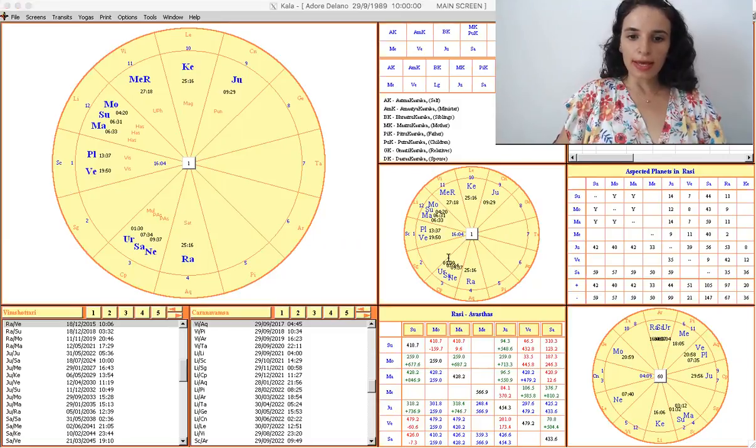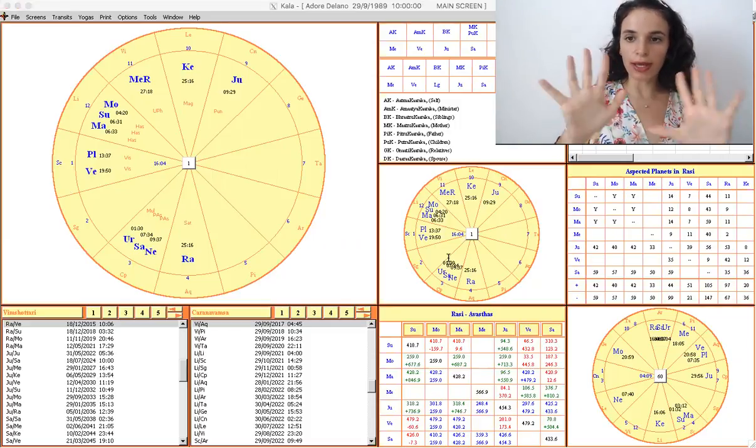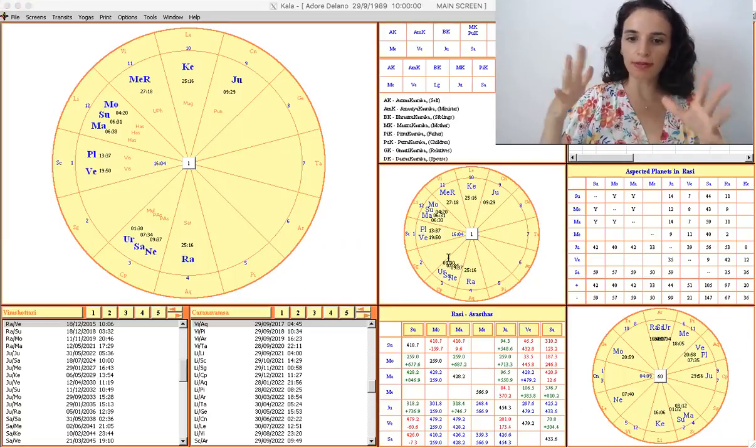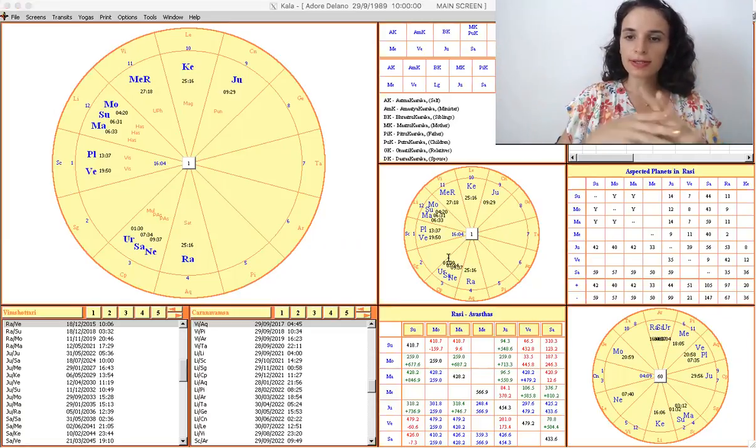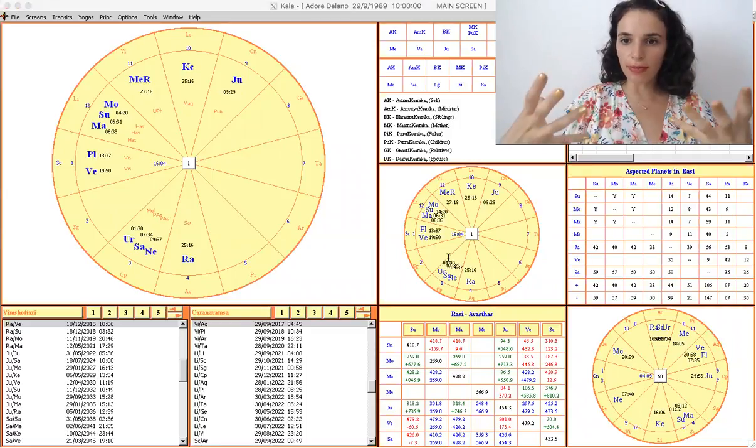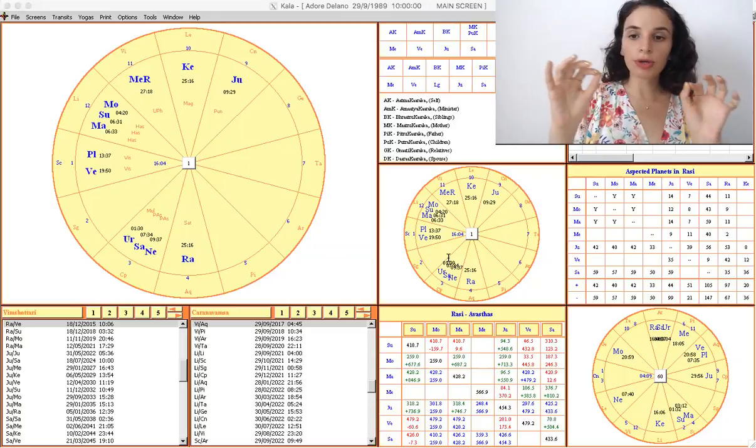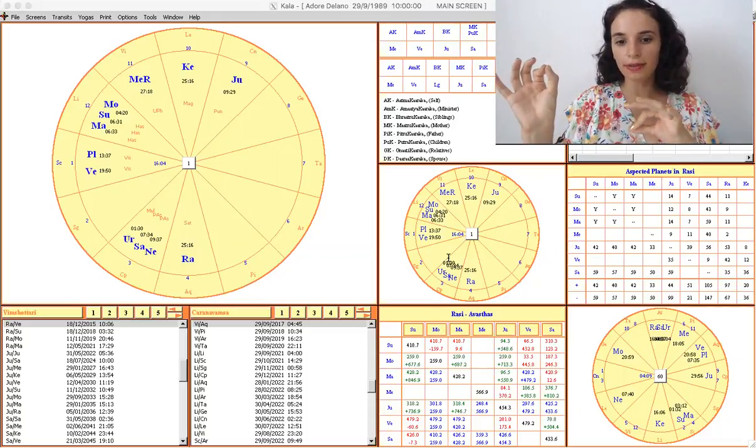What else can we say about this? Yes, so again, I wanted to mention that this technique is very important for predicting events, the Bhavat Bhavam, because for instance, if we look to predict childbirth, we will examine the fifth bhava, which is the natural bhava related to children, but then we will also examine the fifth from the fifth, which is the ninth.